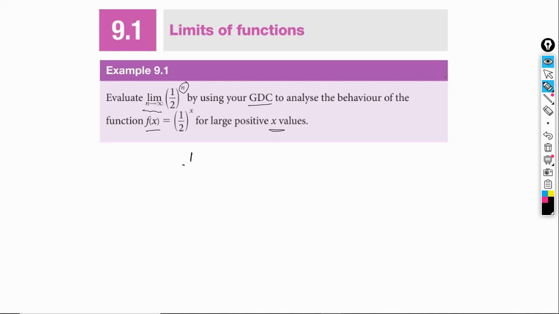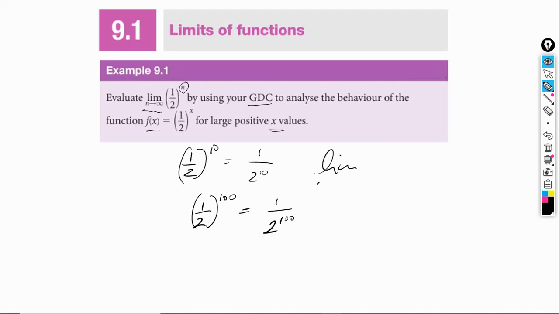So what happens when you have (1/2) to the power, say, of 10? Well, this is the same as 1 divided by 2 to the 10, right? If you have (1/2) to the power of 100, that equals 1 divided by 2 to the power of 100. So obviously, the limit as n approaches infinity for (1/2)^n is 0, because these values are getting closer and closer to 0.